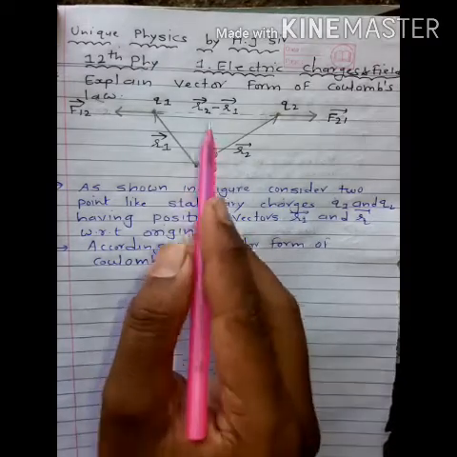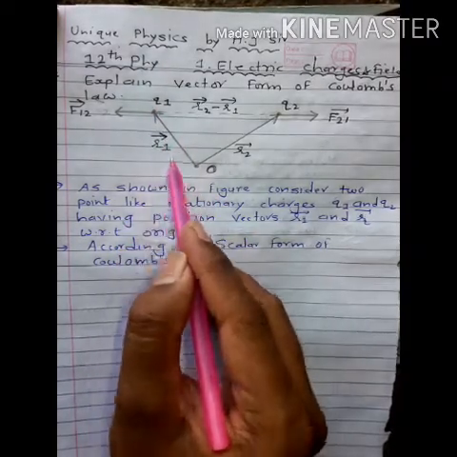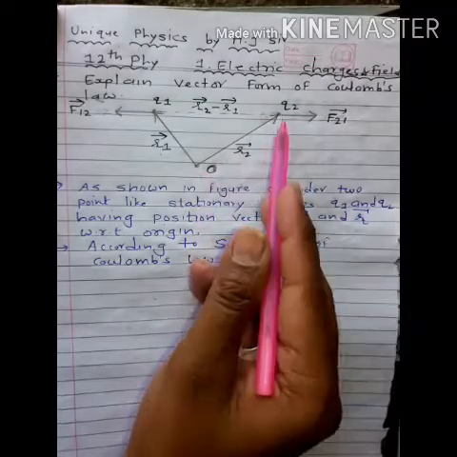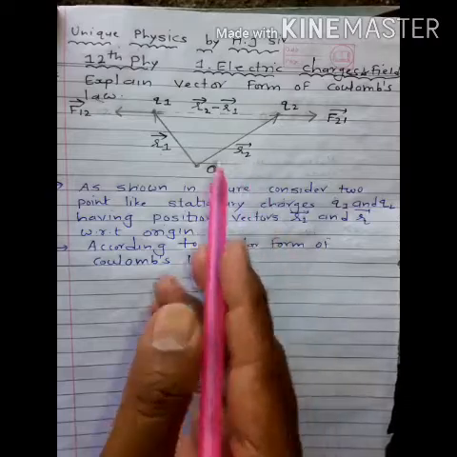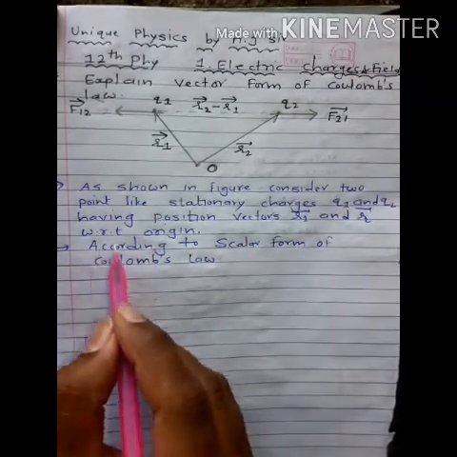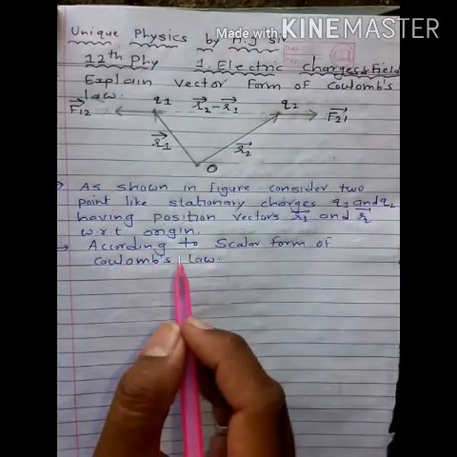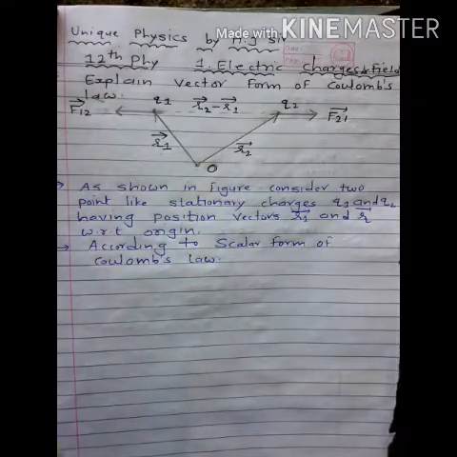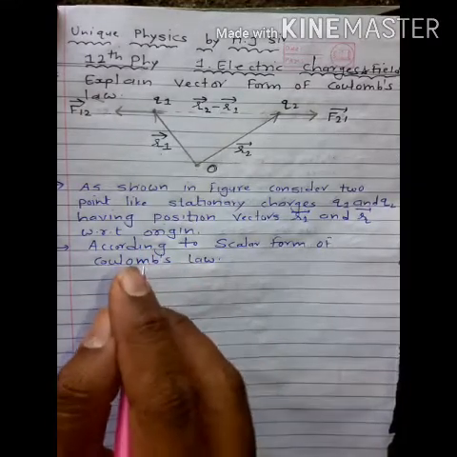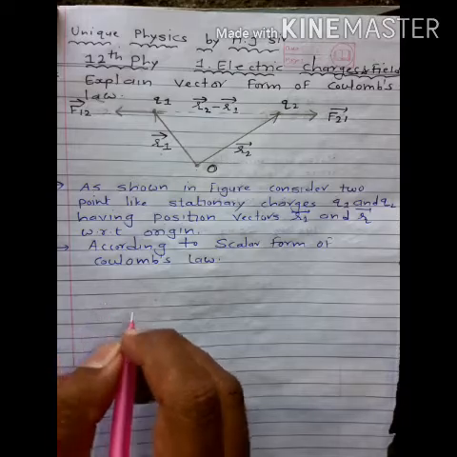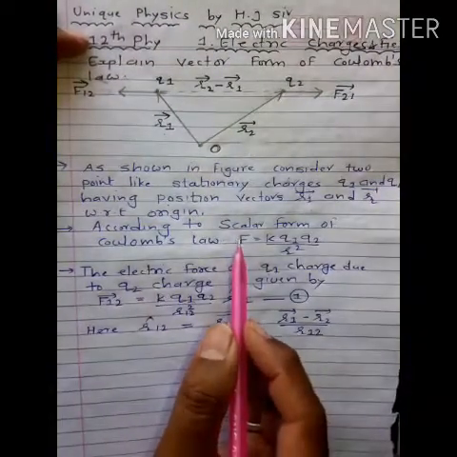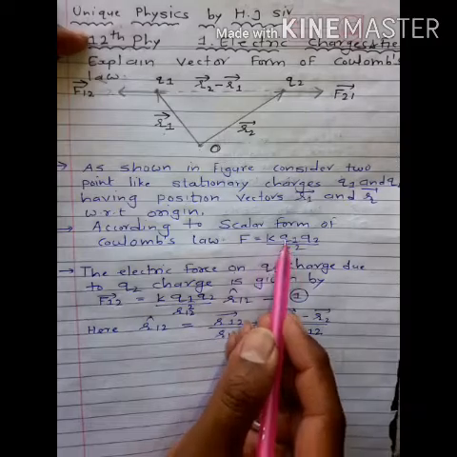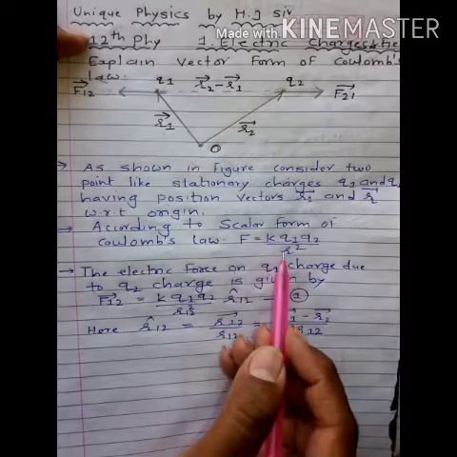With respect to origin, the position vector of q1 is vector r1, and the position vector of q2 is vector r2. Now, according to scalar form of Coulomb's law, F is equal to k q1 q2 upon r square.